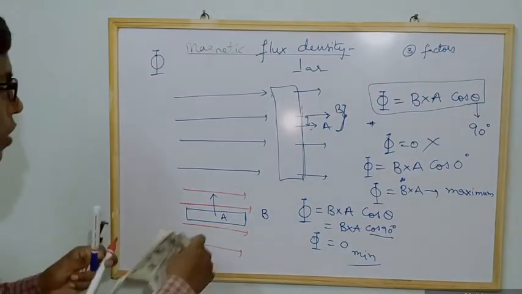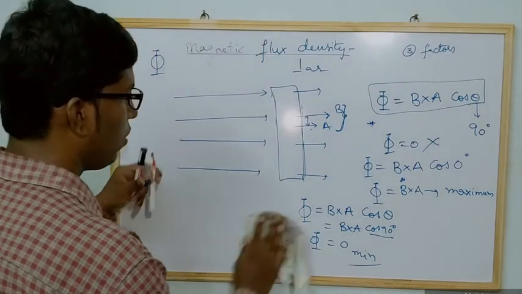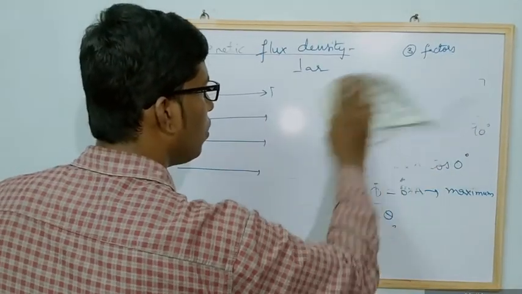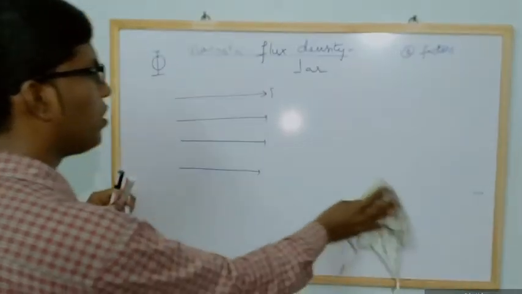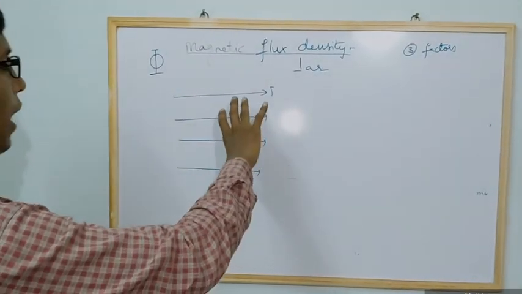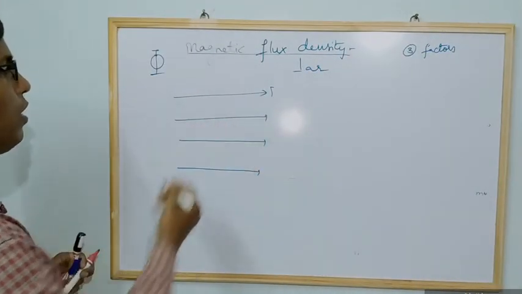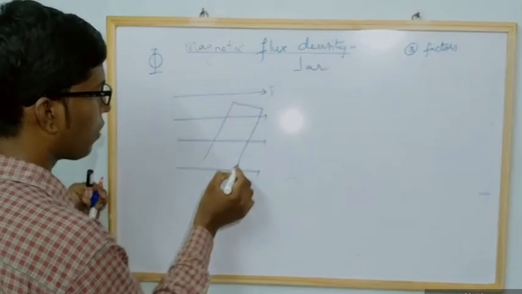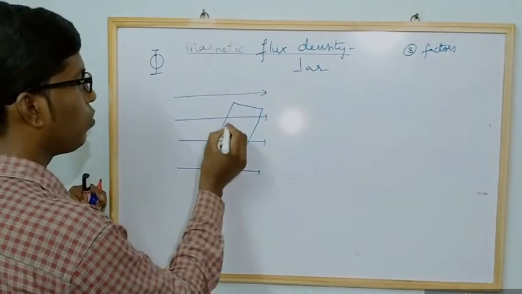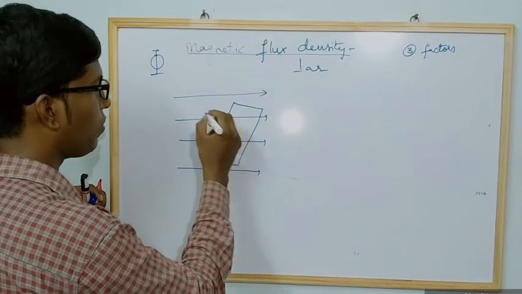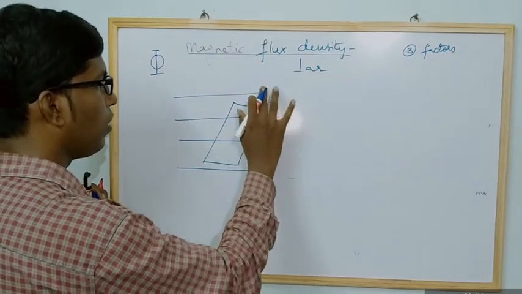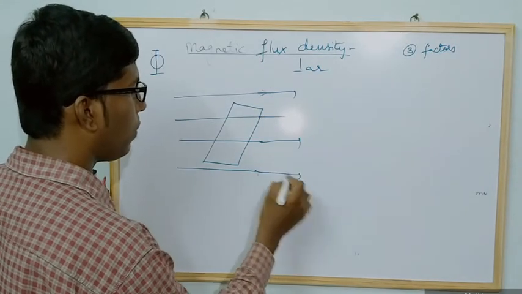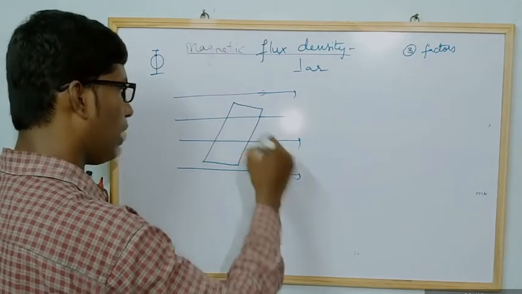Now coming to the topic, what we learned from these two is that magnetic flux depends on the angle of the plane which is placed in the magnetic field. So if you place it in this manner, assume that this is the area of the plane and the area will be in this direction.